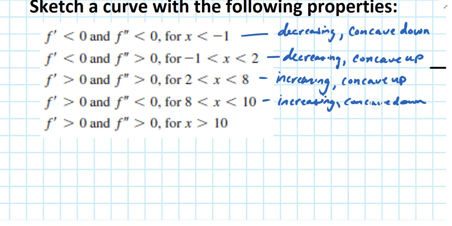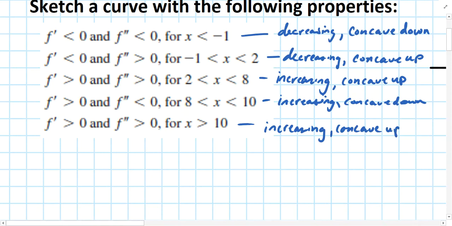So there's an inflection point here, even though there may not be a maximum or a minimum point because of the first derivative. And then for this last component, with a positive first derivative and a positive second derivative, we are still increasing, and now we are concave up.